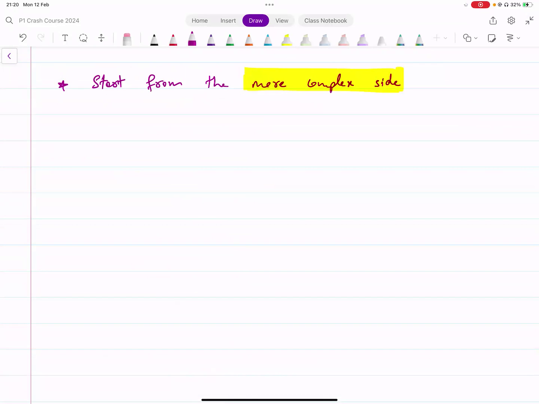How do you decide complexity, basically? There are different thumb rules that you can keep in mind for that.